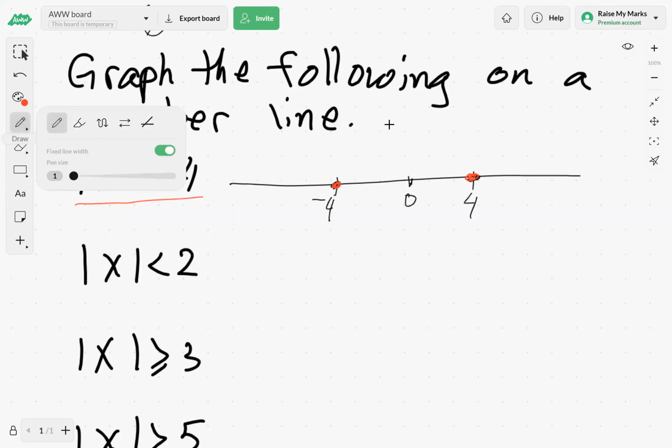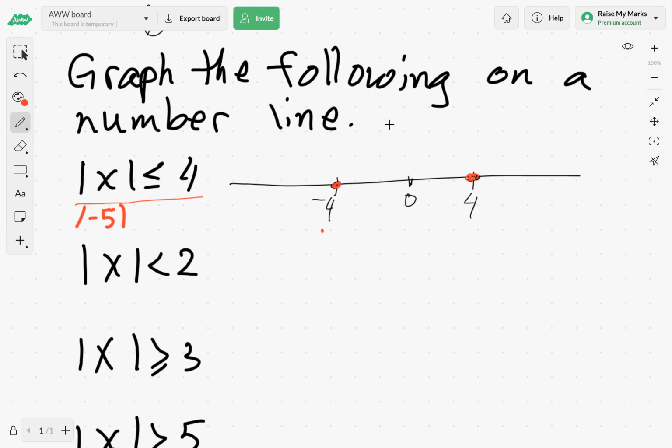So if we were to consider -5, we'd have absolute value of -5. That is not less than or equal to 4, so we can't consider -5. So things less than -4 are not going to hold.